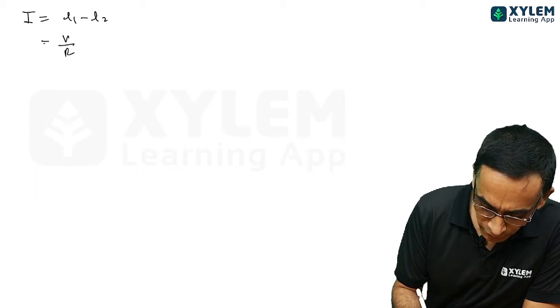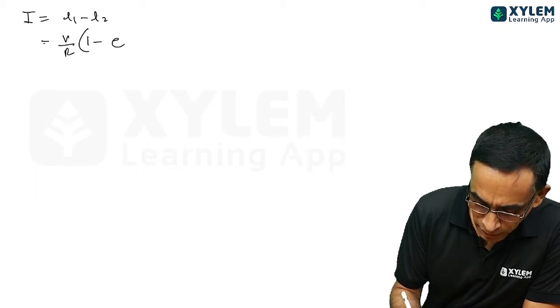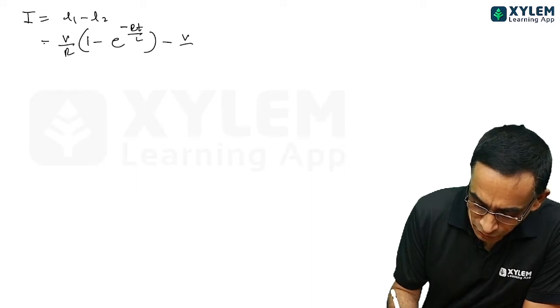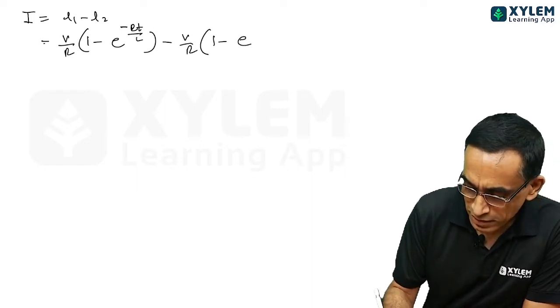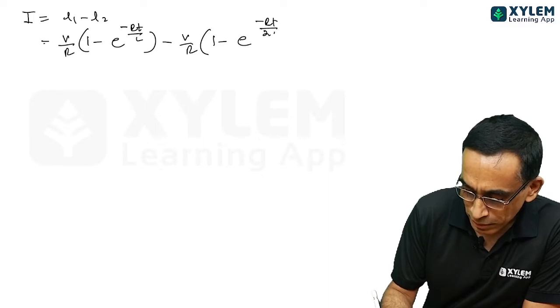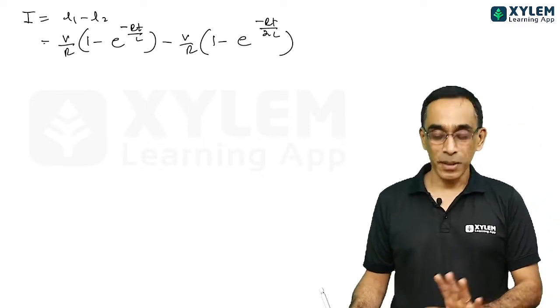So this is V by R into 1 minus e raised to minus RT by L, minus V by R into 1 minus e raised to minus RT divided by 2L.